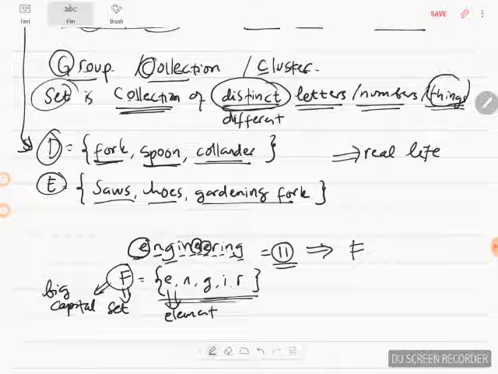Now, in mathematics, of course, we don't want to write such a thing as E is an element of set F, which denotes engineering. We don't want to write that. We want to write it in a simpler, shorter way.